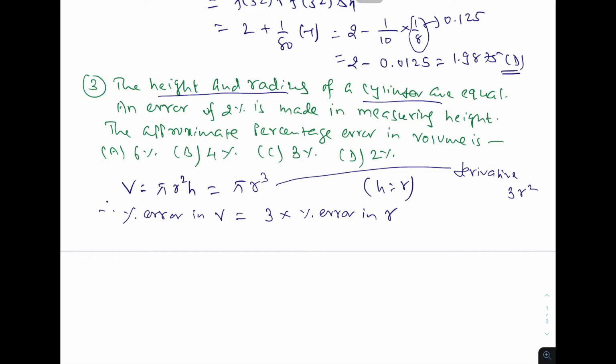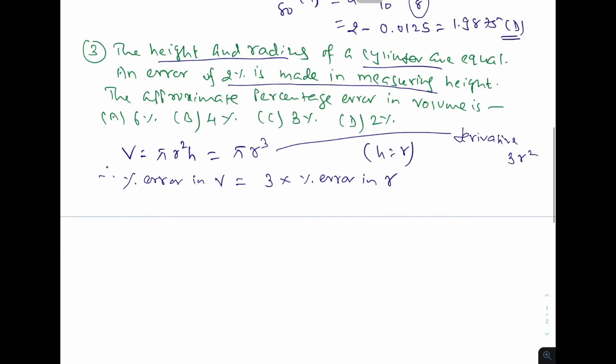Okay, now here we are given 2% error in height. So height and radius are equal, so you can also have pi h cube. So 3 into percentage error in height also. So this is equal to 3 into 2, and so that is nothing but 6%. So answer is A option.